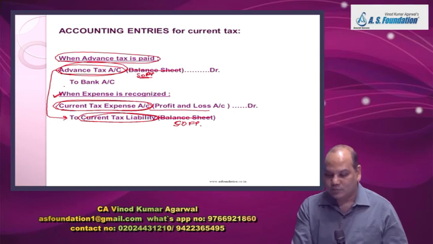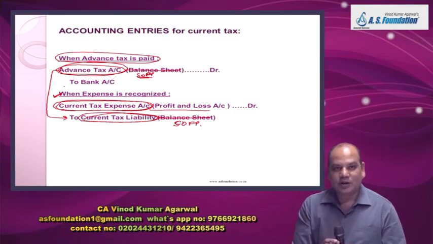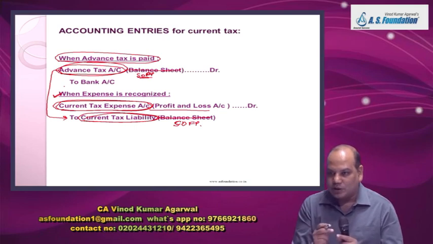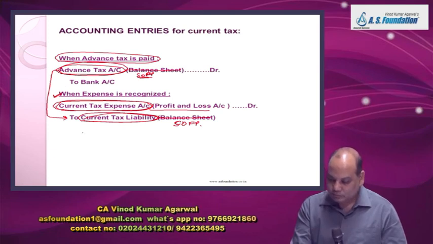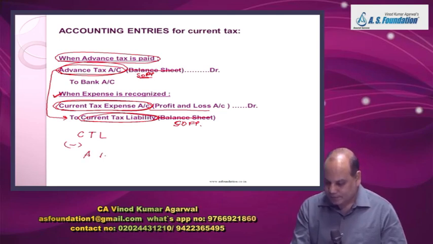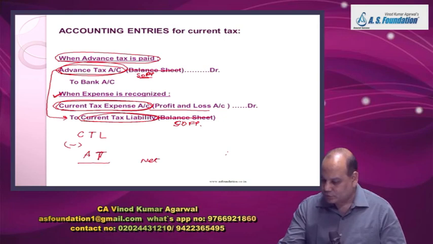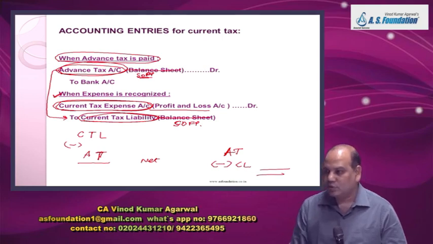It's only for our understanding and control. We are keeping accounts separate, but they represent the same thing: payable to the government and paid to the same government. So current tax liability minus advance tax gives the net liability, or if advance tax paid is more, advance tax minus current tax liability is the net amount on the asset side.